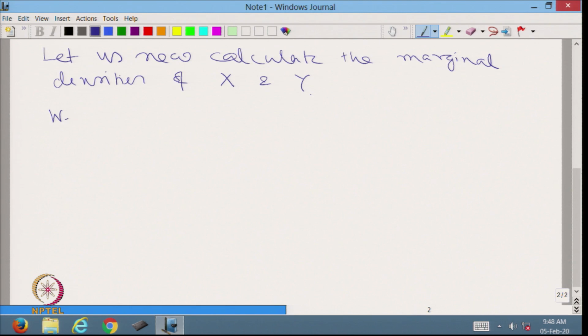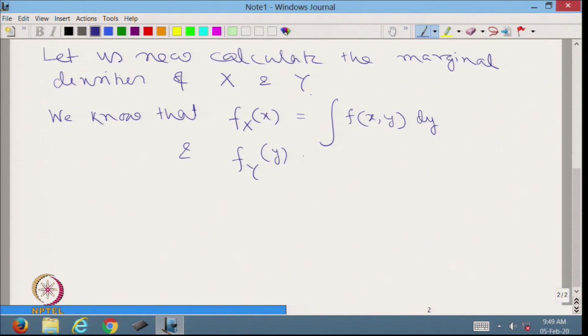We know that f x of x is equal to integration of f x y dy and f y of y is equal to integration of f x y dx. Question is, what will be the limit of integration?